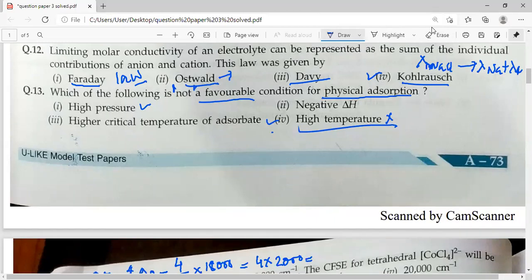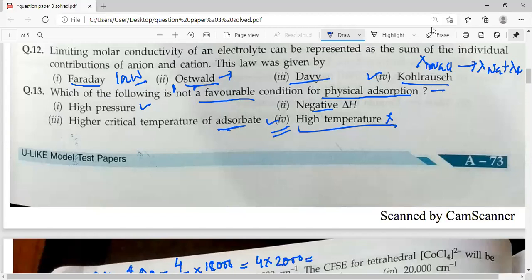So higher pressure, higher critical temperature of adsorbate and negative enthalpy change for the reaction are the three favorable conditions for physisorption. My dear students, I would suggest you learn these three conditions which are favorable for physical adsorption.